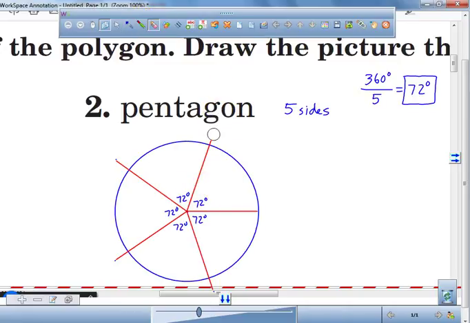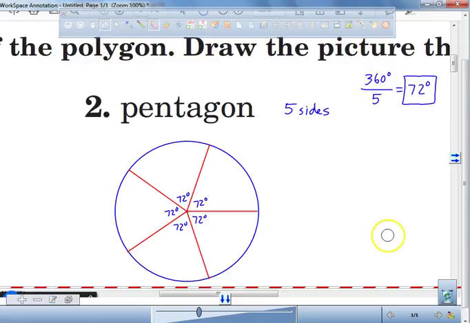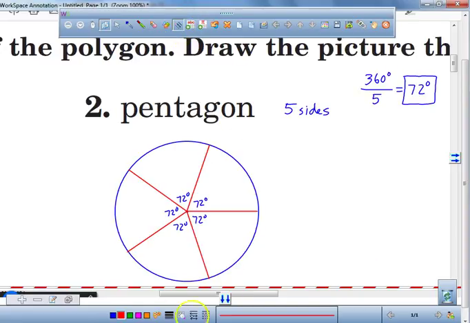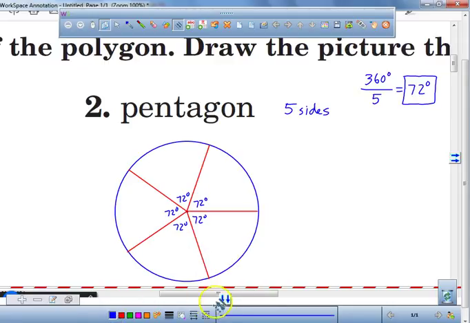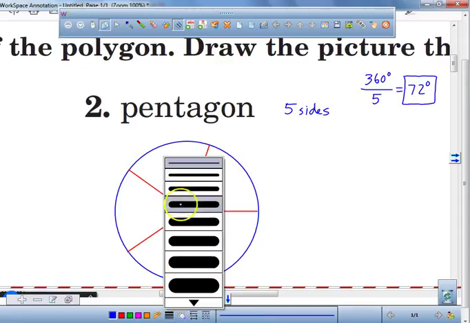Now I'm going to do a little bit of erasing here. Now, this is the most important thing because we need to know the difference between an arc and a chord. A chord is a line segment that goes from one part of the circle all the way across to another part of the circle. So I'm going to make this a little bit thicker.